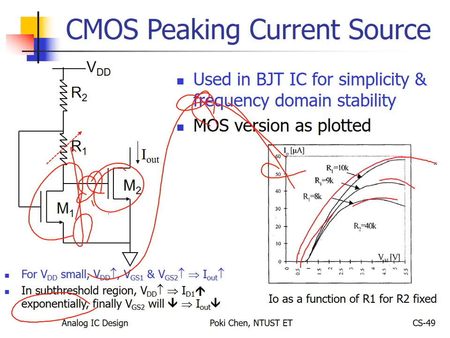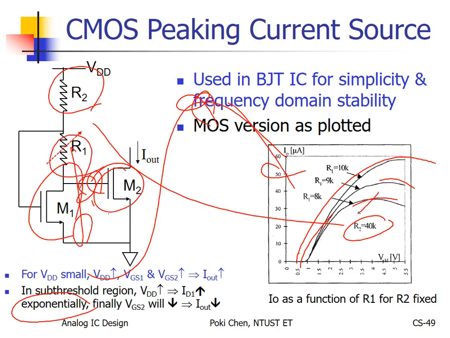But even with the same R2, if you fine-tune your R1, you will see the peaking happens at different positions. So, as I mentioned, for your chips, 1.8, 1.2, 2.53, I don't care. You can tune the ratio between R1 and R2 to make the peak around your supply voltage.